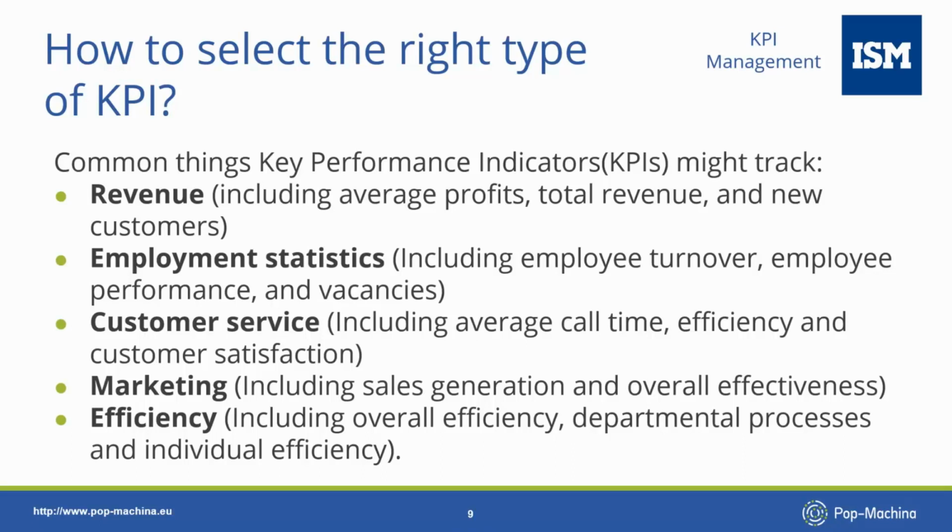Employment statistics, including employee turnover, employee performance, and vacancies. Customer service, including average call time, efficiency, and customer satisfaction. Marketing, including sales generation and overall effectiveness. Efficiency, including overall efficiency, departmental processes, and individual efficiency.